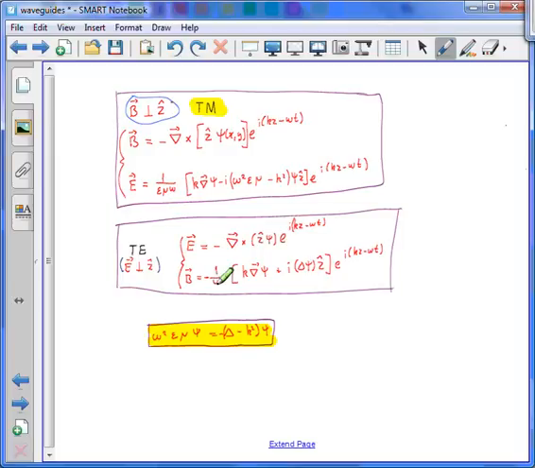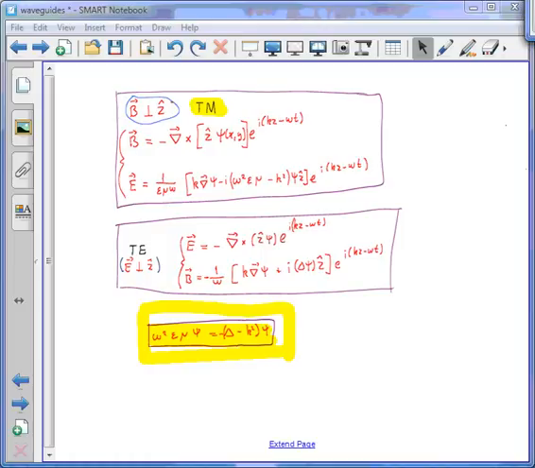So this, again, is true for any waveguide which is uniform in the Z direction. So the next step is to find the solution of this differential equation here, basically to find psi.